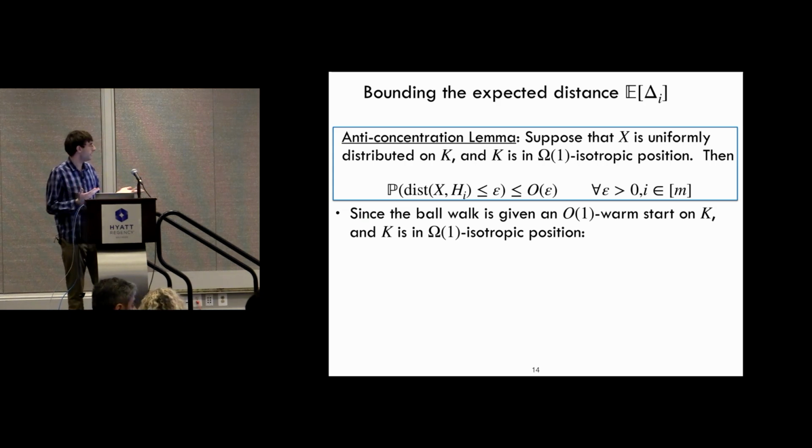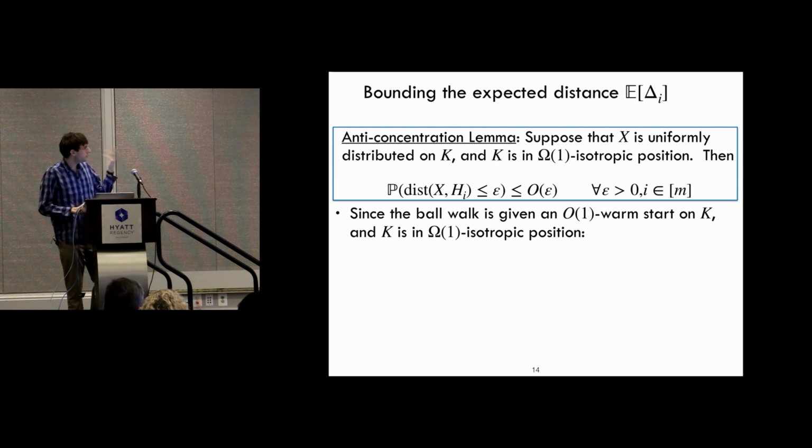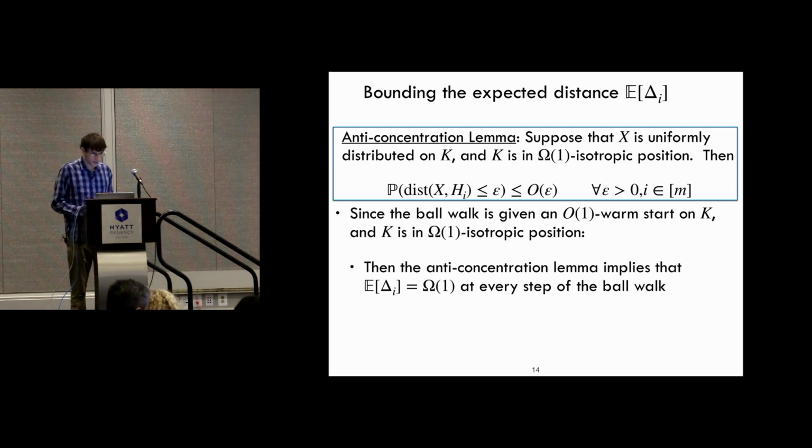So how does this lemma help us? Since our construction allows us to start the ball walk at a roughly uniform random point, a warm start, and our polytope is roughly in isotropic position at each point in this construction, the anti-concentration lemma implies that the expected distance to each face of the polytope at every step of the ball walk is roughly on the order of 1.